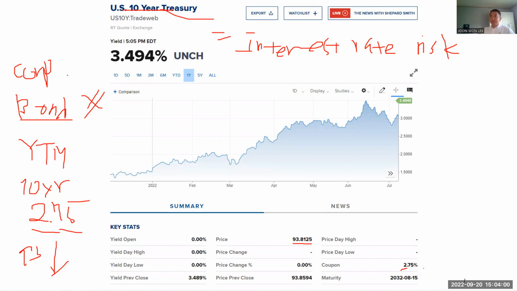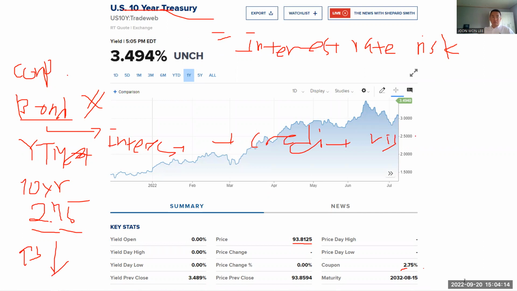Why? Because corporate bonds have not only this market interest rate risk, but also credit risk and all other types of risks, like liquidity risk, compared to the treasury.